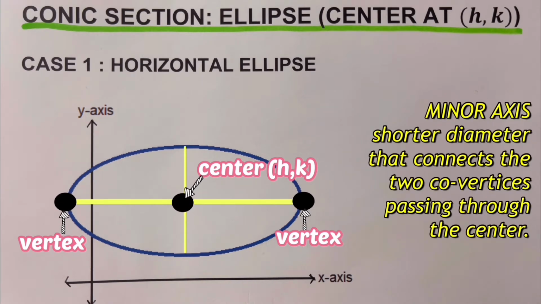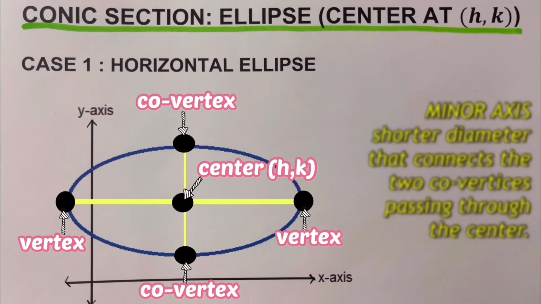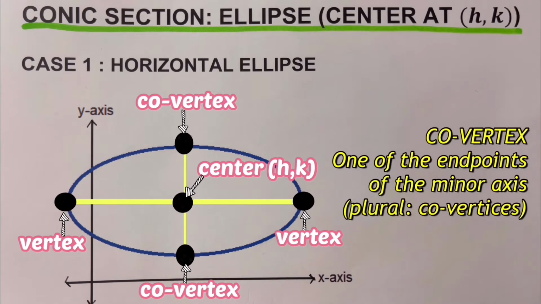The minor axis is a line segment that connects the two co-vertices passing through the center. The endpoints of the minor axis are the co-vertices, and there are two of them. By definition, a co-vertex is the endpoint of the minor axis.